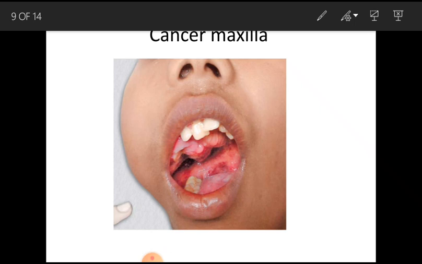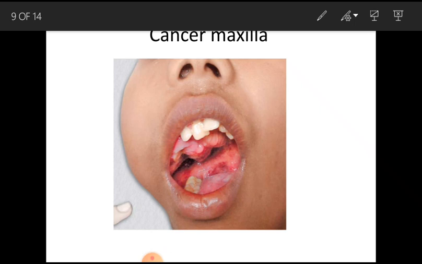Enlargement of the cervical lymph nodes may be the earliest presentation of the cancer maxilla. So, the earliest presentation is chronic sinusitis not responding to medical treatment, with nasal discharge which may be bloody. Extension to the roof, which is the eye, leads to proptosis, diplopia, and loss of vision.